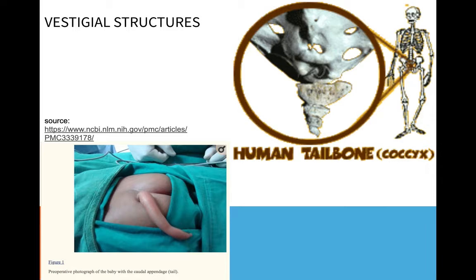It's a structure that we have evidence that in our previous ancestors that we branched off from, that they at one point had a tail, but over millions of years, the tail for our species was not used and eventually disappeared, but the remnants of that tail are still left over in the structures that we have internally.